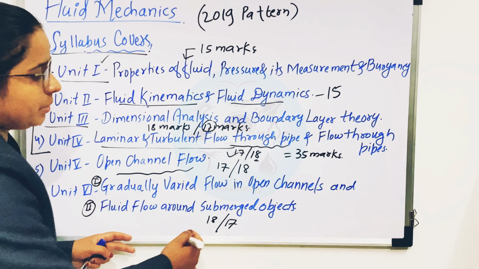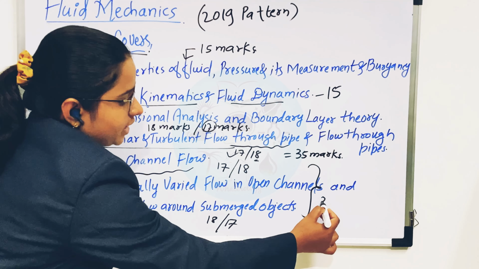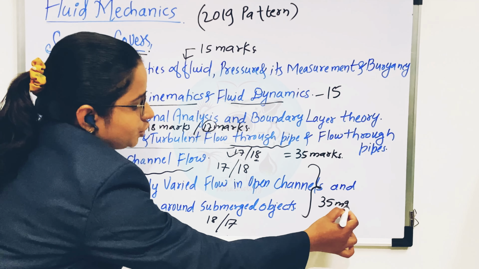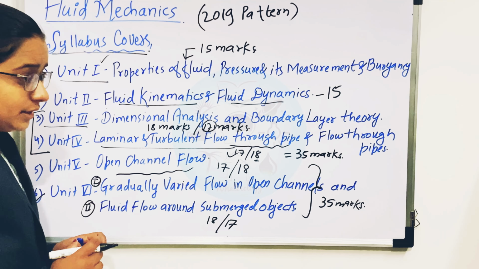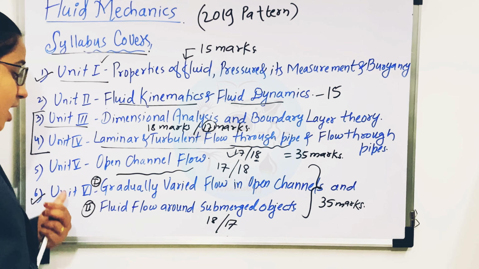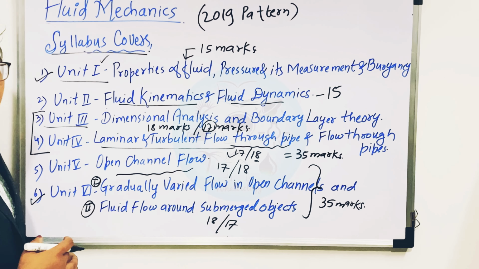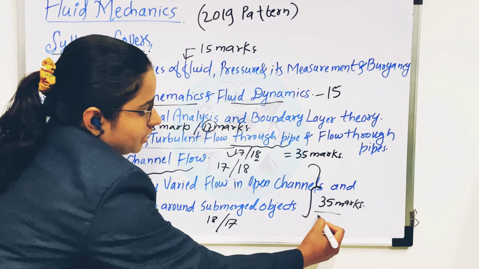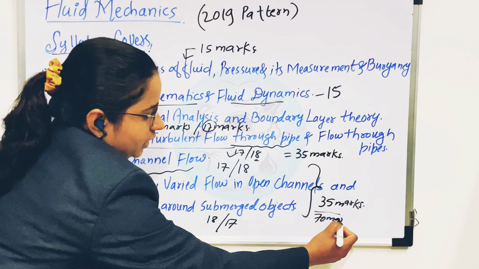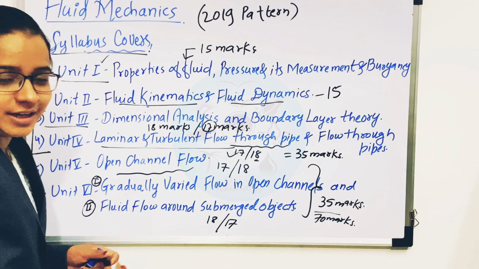In short, combined for these 2 units as well, the total marking should be 35 marks. So the last 4 units of the syllabus combined carry a total of 70 marks. Okay, so this is very important.